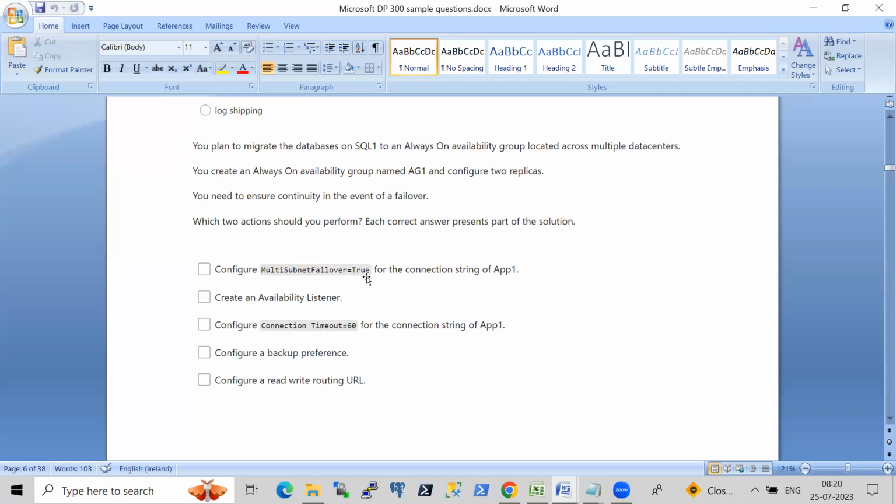Now I will add one more question. This is not here, but still I am asking this. Okay. So imagine you configured an always on availability group on Azure VMs, means IaaS. I repeat my question. Imagine you configured always on availability groups on Azure VMs. When I say Azure VMs, it is nothing but infrastructure as a service.